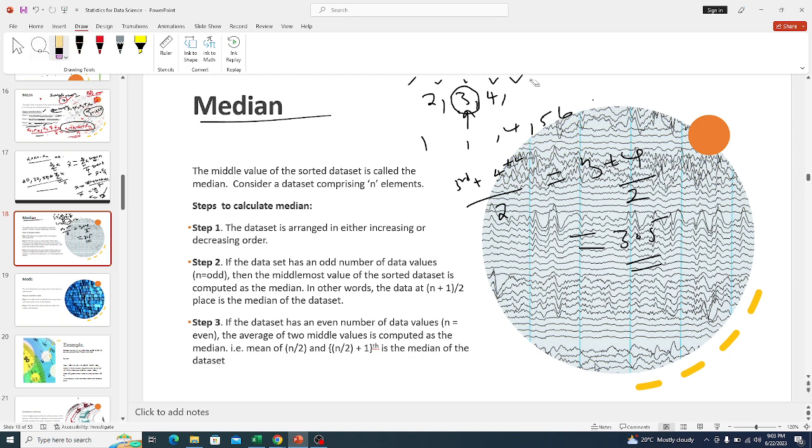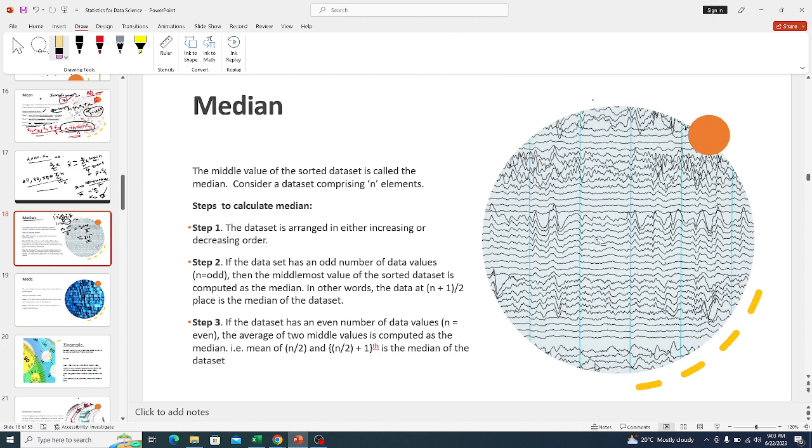That is the median. Let's see step by step how we can calculate the median. The median is the middle value of the sorted data set, and this is how it is calculated. First of all, you arrange the data set in either increasing or decreasing order, that is, ascending or descending order.